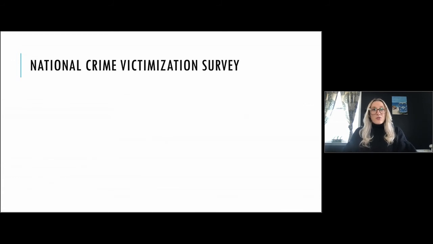So looking at national crime victimization surveys, many crimes go unreported. We know this from these surveys. However, these surveys give policymakers a better idea of how much crime is actually committed so that they can make informed policy decisions.